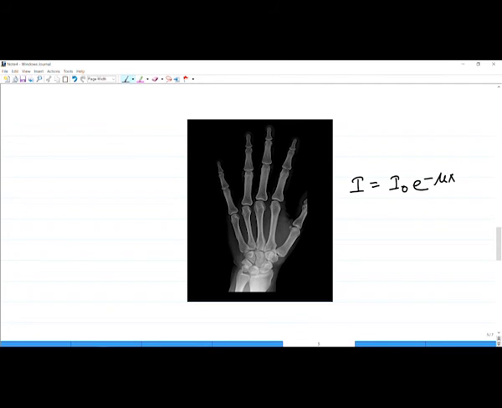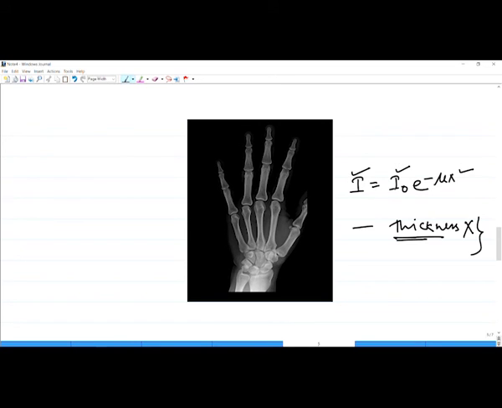Which in fact can be derived based upon the absorption of X-rays when they travel through a particular material of thickness x. That is what you see over here. So, it will depend on the thickness of the material. That is one factor which will control the intensity I which comes out from the material after traveling through this particular distance x, and I naught in this case is the initial intensity.